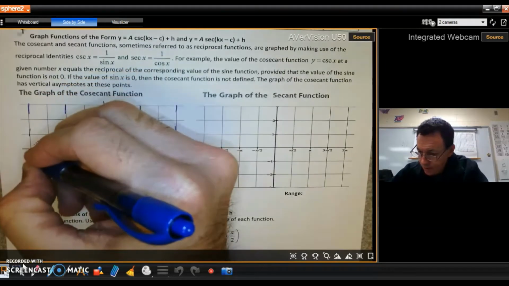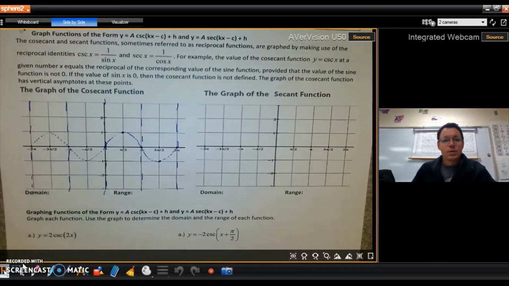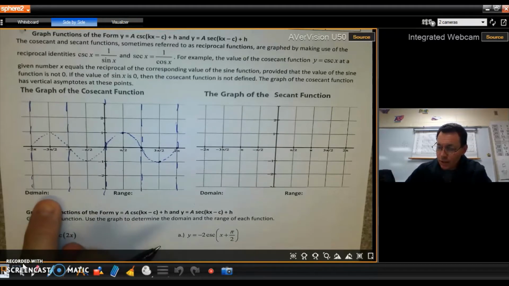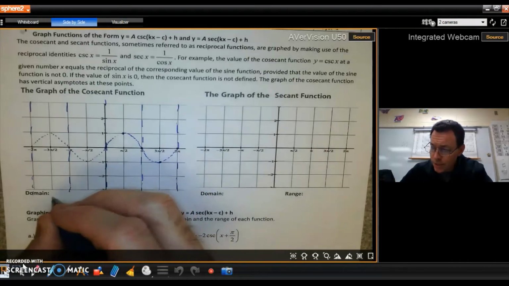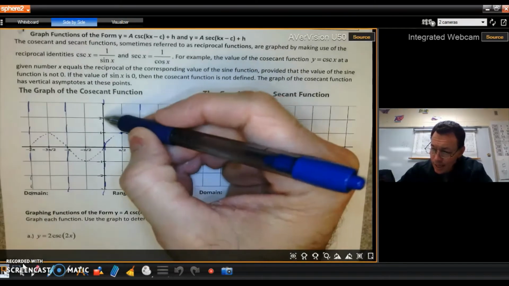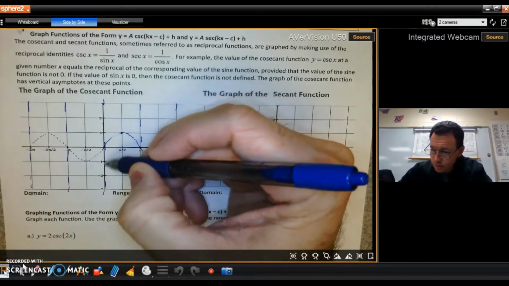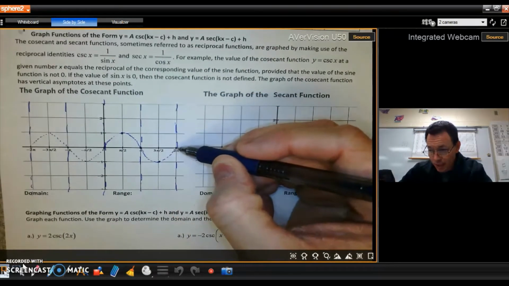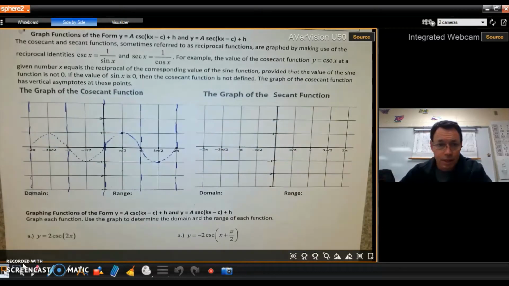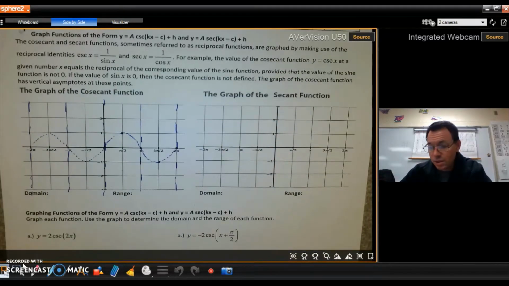And here. Okay, so we've got these vertical asymptotes, which means we're going to have some domain restrictions as well. For example, x cannot equal 0, x cannot equal pi, x cannot equal 2 pi, or negative pi, or negative 2 pi. So what's the domain?